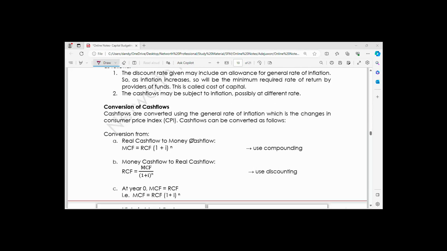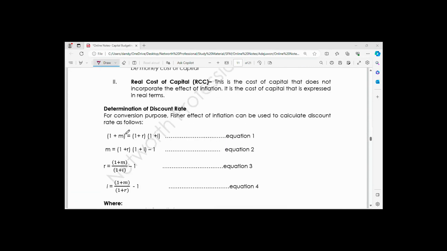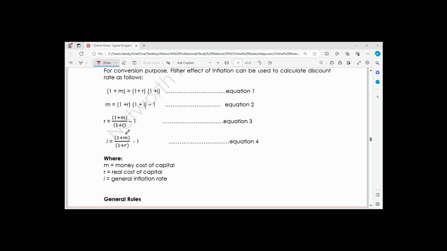When you want to convert money cash flow to real cash flow, you are supposed to discount.